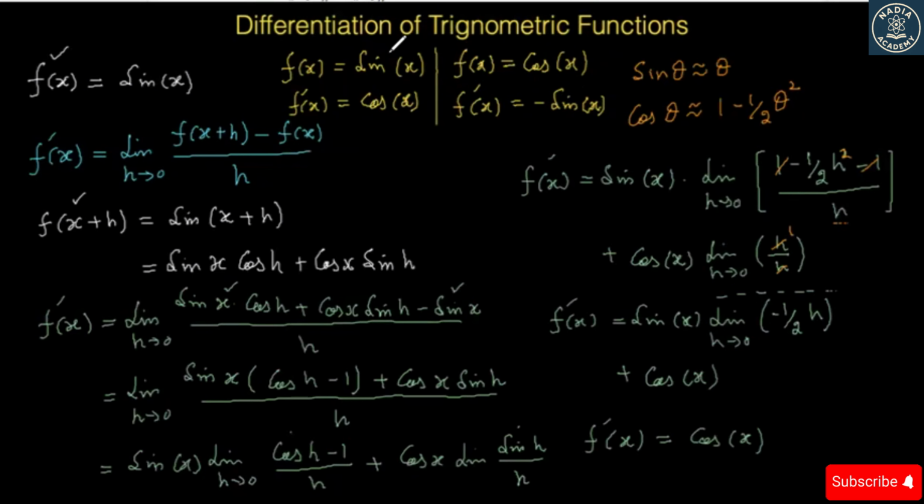So it means that the derivative of sin x is cos x, and the derivative of cos x is negative sin x. Now we will solve a few questions, and then we will move ahead towards exponential functions.